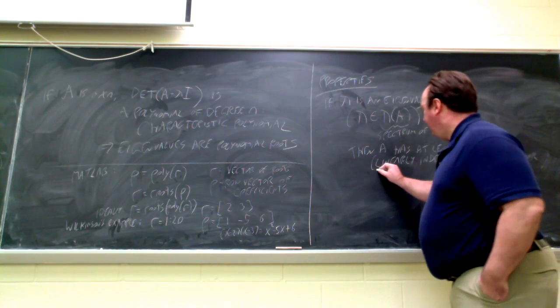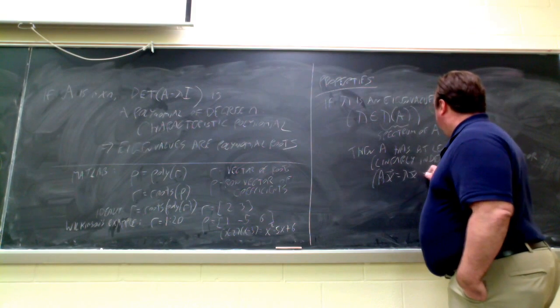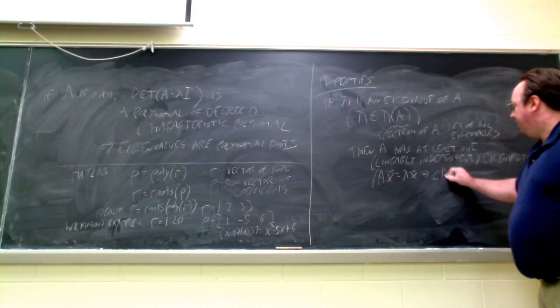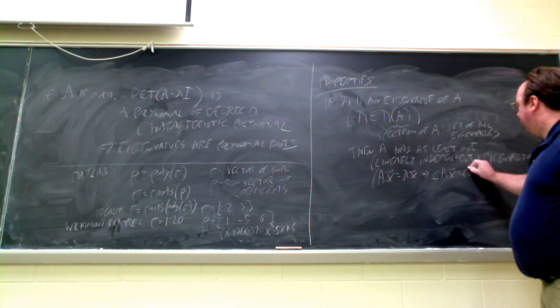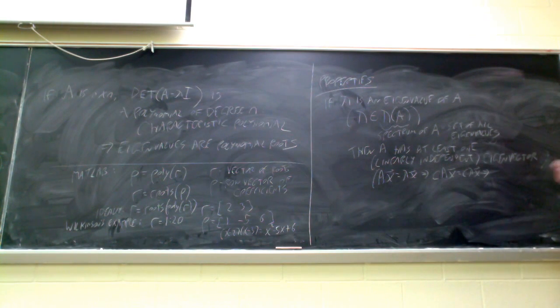multiple is non-zero. Because if you have Ax equal to lambda times x, and I multiply both sides by a constant c, then I can move the c around because it's just a scaling constant. So I can say A times cx is equal to lambda also times cx.